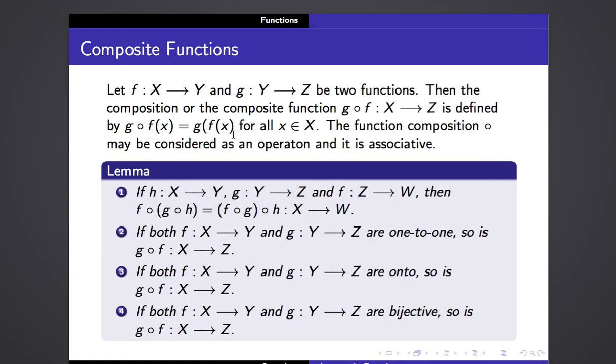I forgot to close the parenthesis here, so I have to fix that later. Anyway, g of f of x for all x in X. The function composition, the circle, may be considered as an operation, and in fact, it is an associative operation.